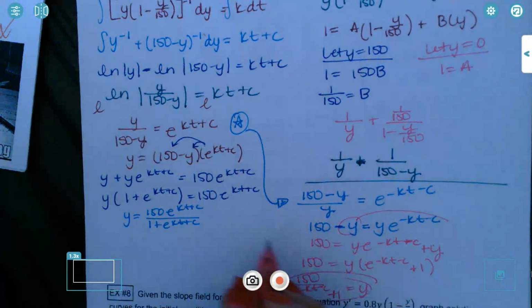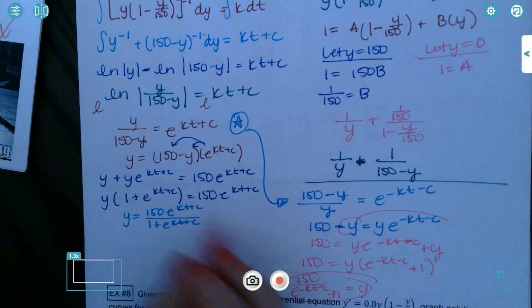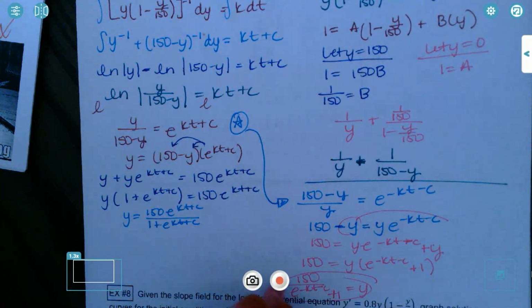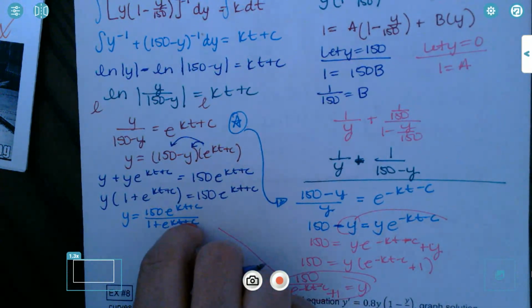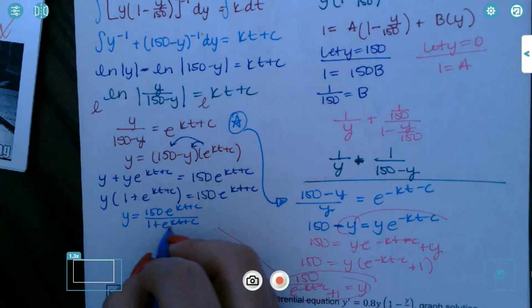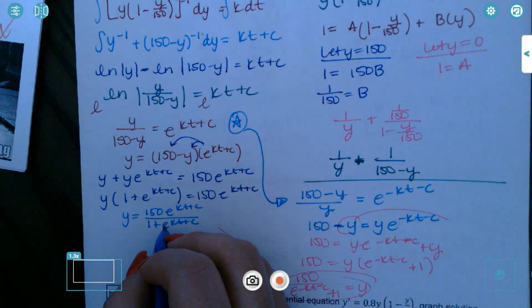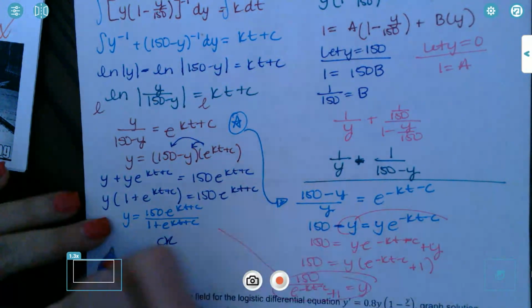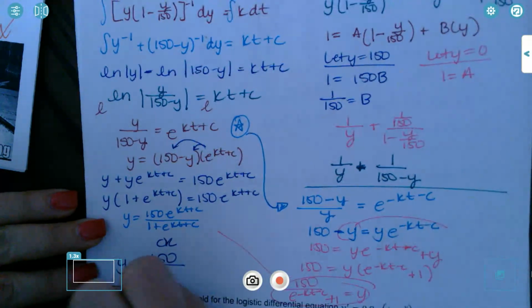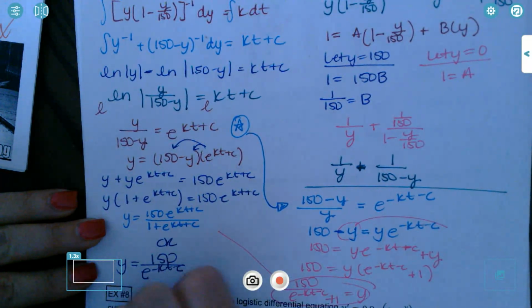So this and this are the same. And then from here, I am going to eliminate this by basically sliding that apart. So see, this and this, it could have been either one.